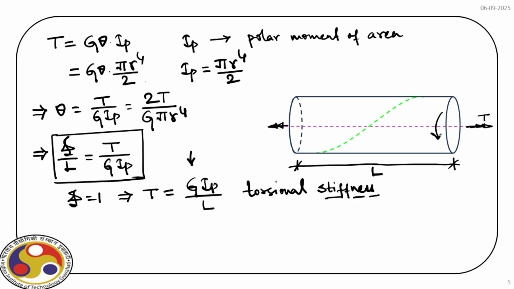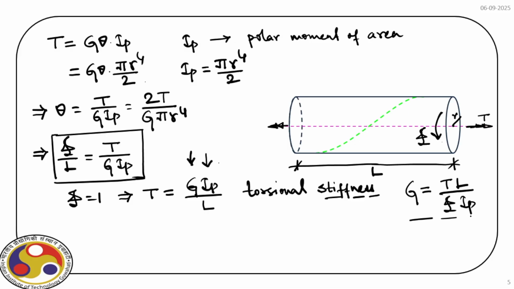So if this way it turns, we can measure phi. The moment we measure phi for the circular cross section, we already know radius r, so we can calculate IP, and then we get G is equal to T times L divided by phi times IP.